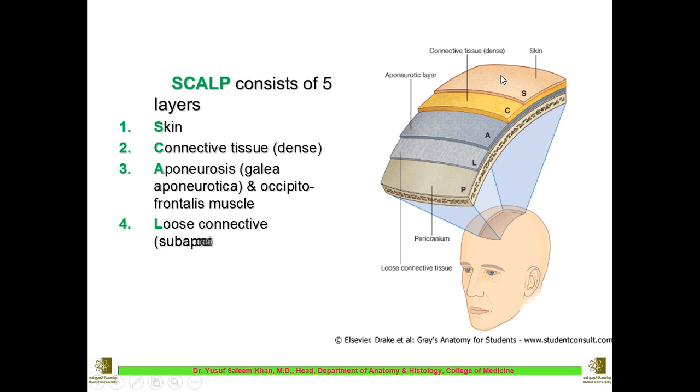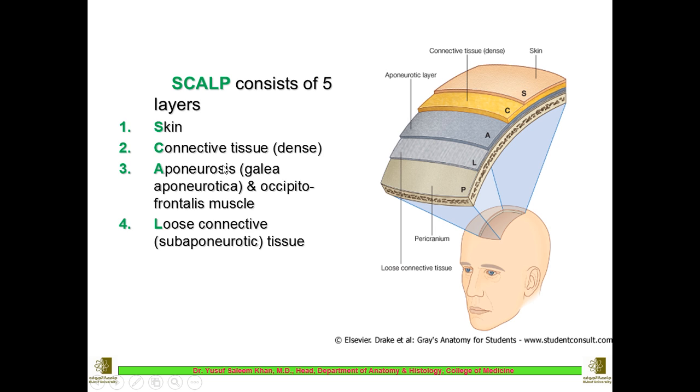Then the fourth layer, the fourth letter is L, and it stands for the loose connective tissue. L stands for loose connective tissue, or it is also called the subaponeurotic tissue, because it is below the aponeurosis. Sub means below, so below the aponeurosis, it is called subaponeurotic tissue, or it is nothing but the loose connective tissue.